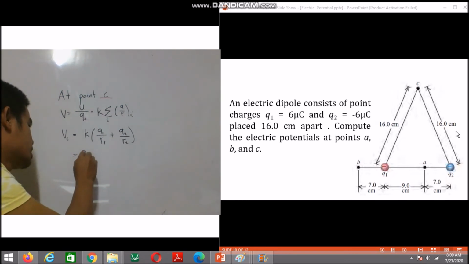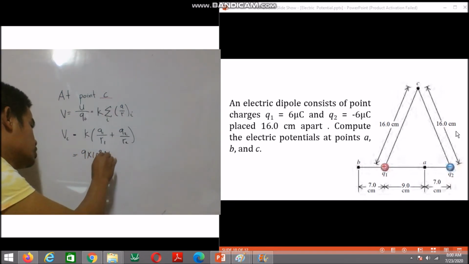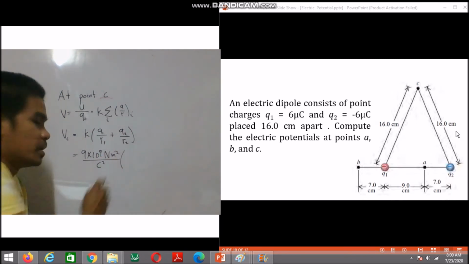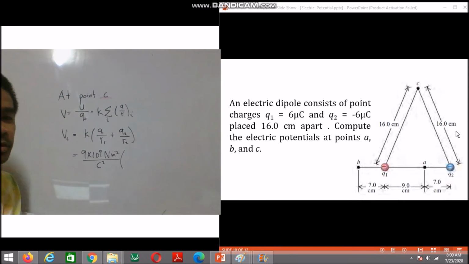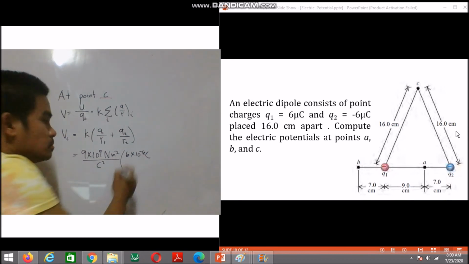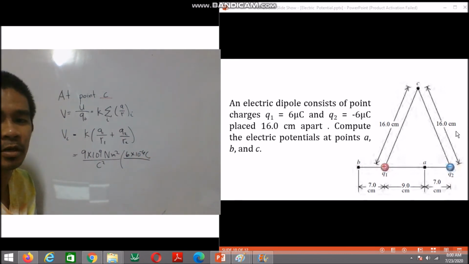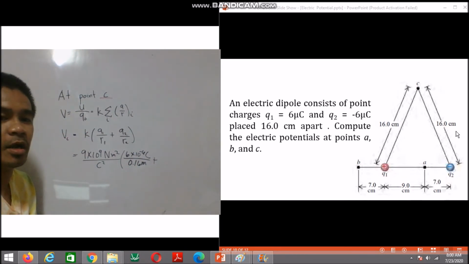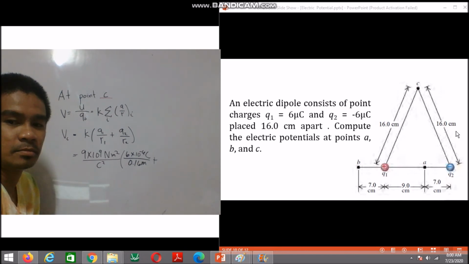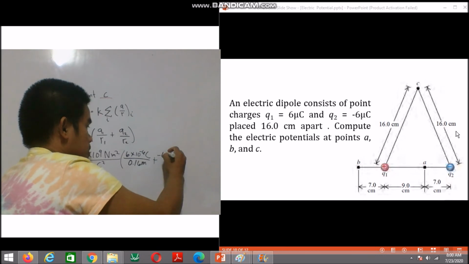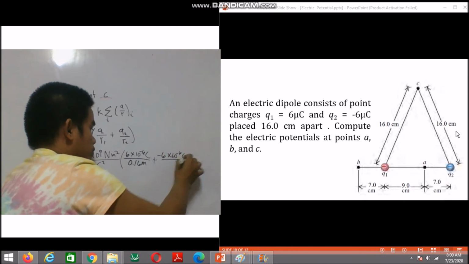So Coulomb's constant is 9 times 10 to the power of 9 Newton meter squared per Coulomb squared, multiplied by the charge of Q1. Charge of Q1 again is 6 times 10 to negative 6 coulomb over R1, that's 0.16 meters, plus Q2, negative 6 times 10 to negative 6 coulomb over 0.16 meters.